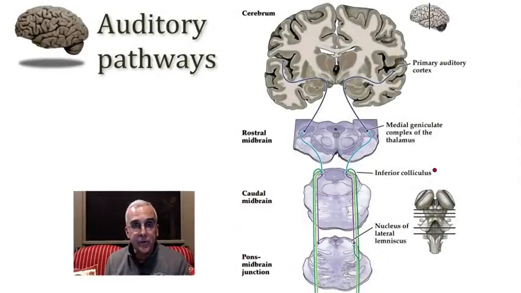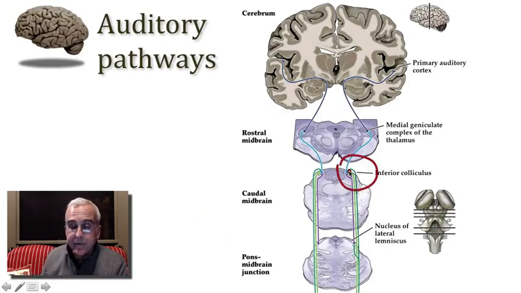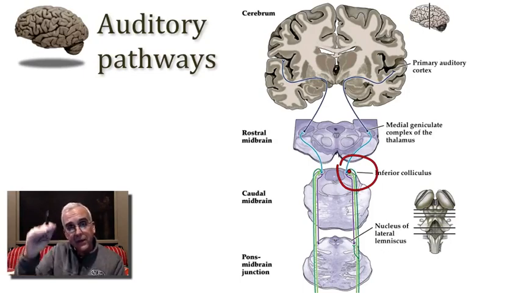Well, as we saw earlier, these kinds of signals and others derived from the computations of the superior olivary complex and the nucleus of the lateral lemniscus converge in the inferior colliculus, where a complete map of auditory space is computed for the first time along this pathway, not just the location of azimuths, but also elevations.